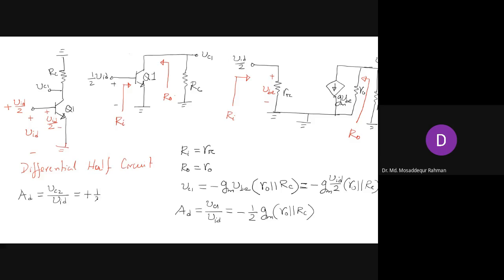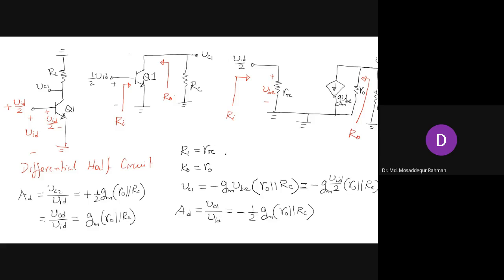So it will be half gm times R naught in parallel with RC. The differential gain for differential output VOD by VID will be twice this differential gain for single-ended output, so that will be just gm times R naught in parallel with RC. So these will be the gain expressions. Now that also incorporates the output resistance R naught into the gain expressions.